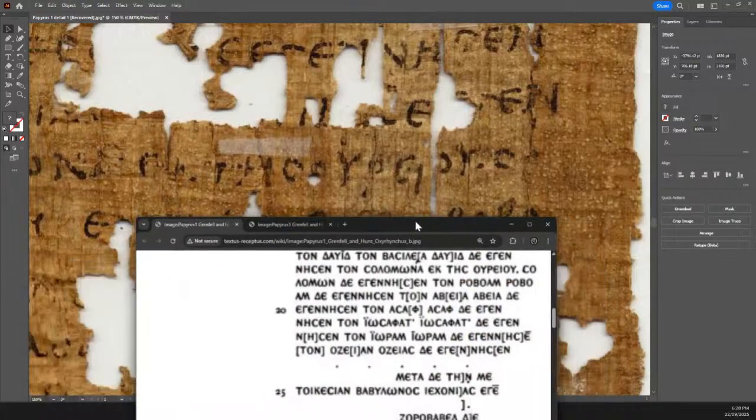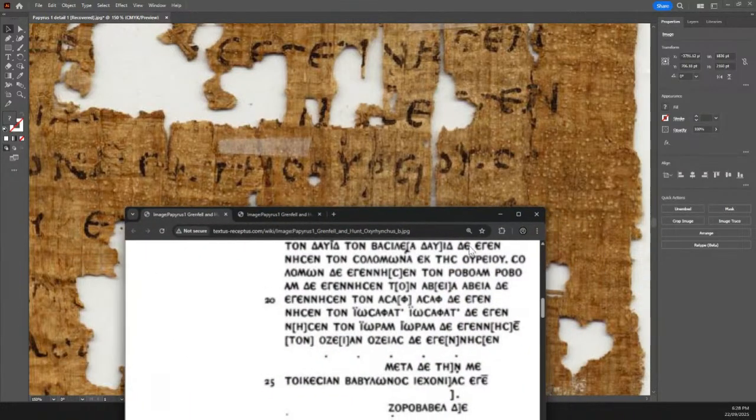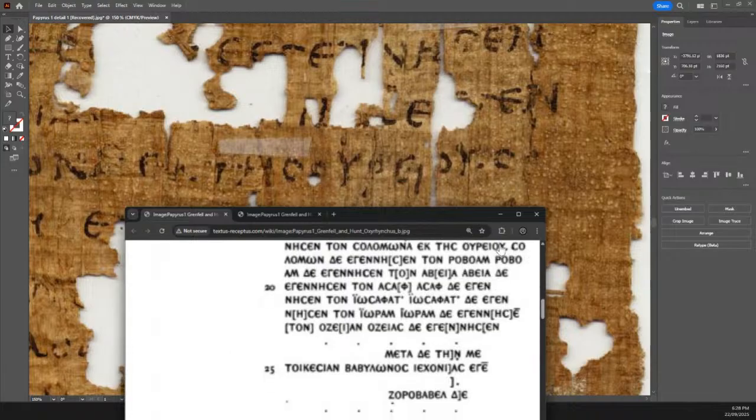Okay, so maybe I'll start from the end and work my way back. Okay, so it says it has a full stop there. We can see that here. Now I'll just go one line up, so it's lining up with it. Looks like a sigma and an omicron there. I can agree with that. An upsilon, an omicron, iota, epsilon, a rho, an upsilon, an omicron.